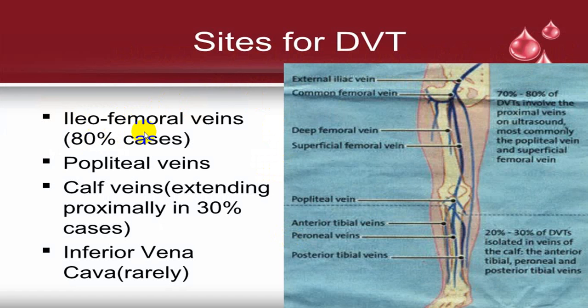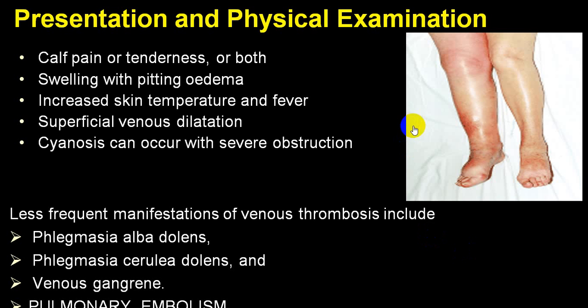80% of the cases are iliofemoral vein involvement, popliteal vein involvement, calf muscle in 30%, and inferior vena cava involvement is very rare. The most common involvement is the calf muscle venous system, which can extend into popliteal and then into iliofemoral. We already mentioned all this: tenderness, swelling, increased temperature, fever, superficial veins will be dilated.